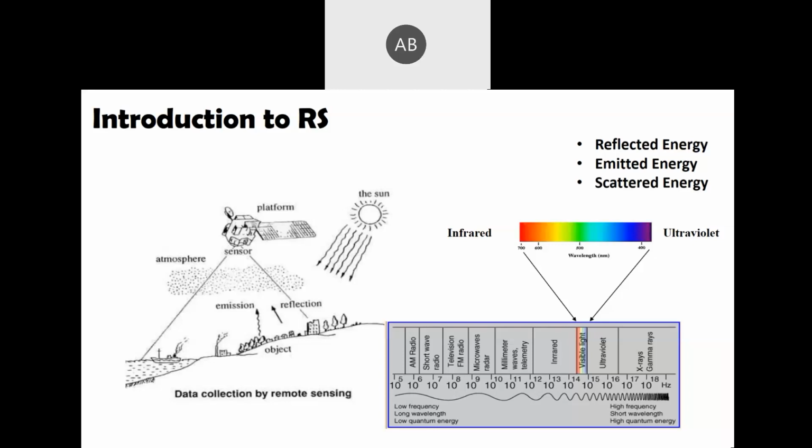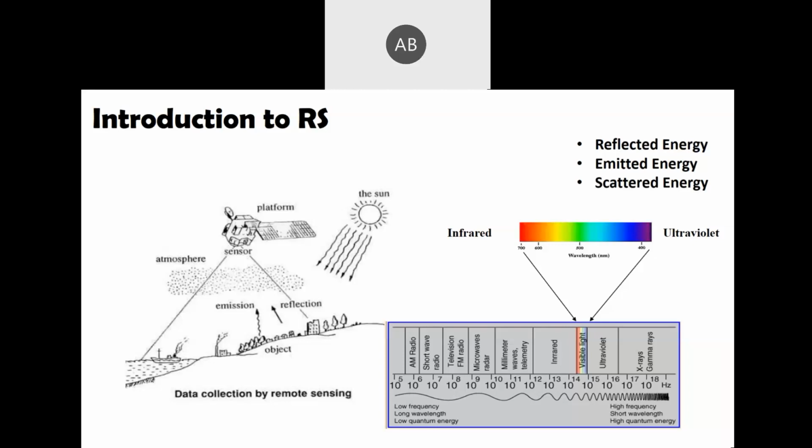Okay, so in the last image on the screen, you see the electromagnetic spectrum that is coming from the source, the sun. If you imagine these energies to be in the form of waves, they have different wavelengths.